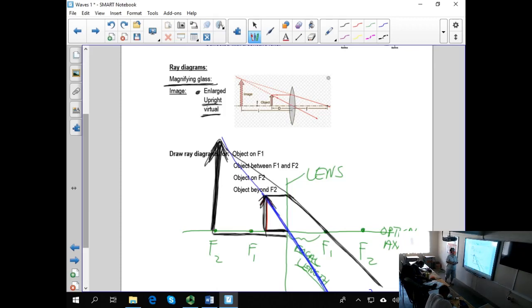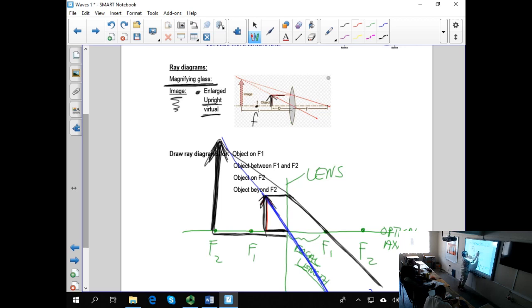That is the ray diagram representing the image formed by a magnifying glass. Here we have the object. The object lies between F1 and the lens. There is F1. It's not very clear on the diagram.